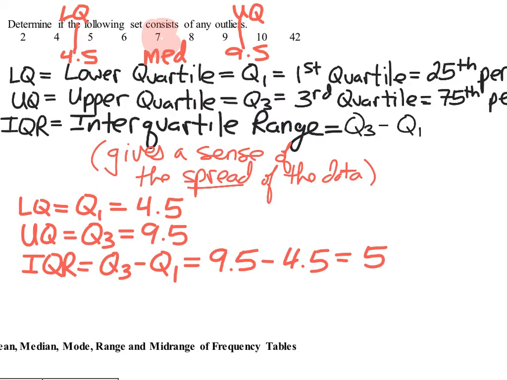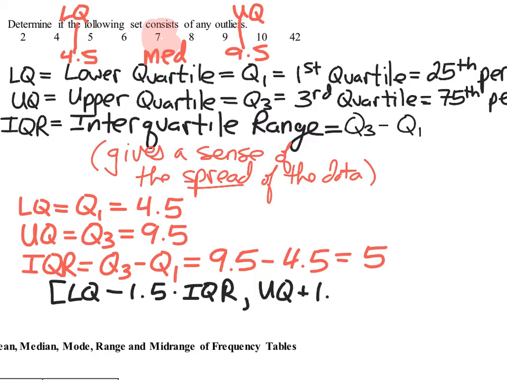All right, so our formula is bracket LQ minus 1.5 times the IQR, all of which we know, comma UQ plus 1.5 times the IQR.